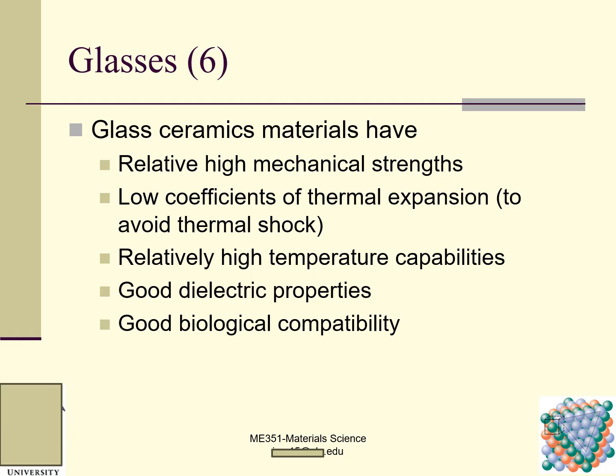If this is the case, we could say it has a higher coefficient of thermal expansion. A higher coefficient of thermal expansion is a worse thing for a material, and they call it thermal shock, because if we elevate the temperature, it expands substantially, then if we lower the temperature, it shrinks substantially. So this is thermal shock.